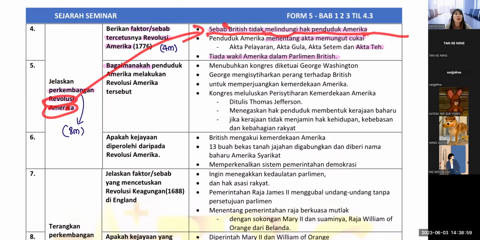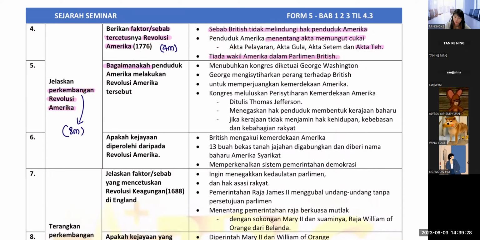Selain itu, penduduk Amerika juga menentang akta memungut cukai yang diperkenakan oleh British, contohnya akta teh. Selain itu, penduduk Amerika juga menentang British kerana tiada wakil Amerika dalam Parlimen British. And you just full stop.